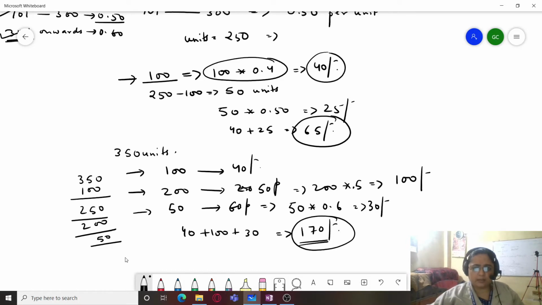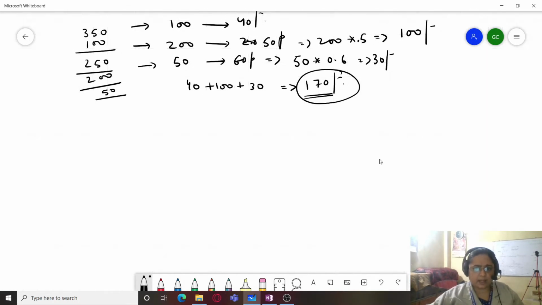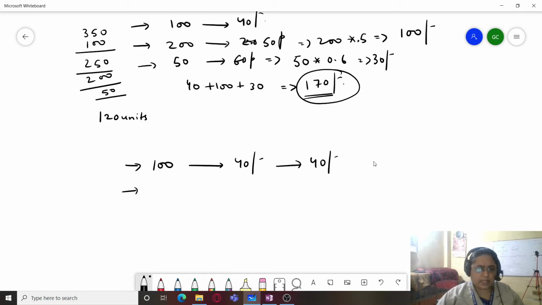Let us take one more example, and this time I am taking some 120 units. For the first 100 units, I already know that there is 40 paise, and hence it would amount to 40 rupees. Then out of 120, if I deduct 100, I get 20 units.